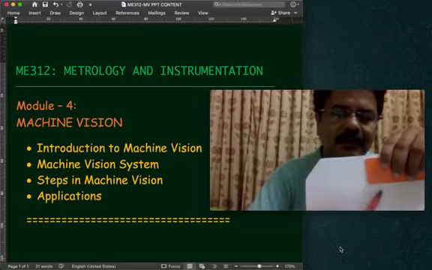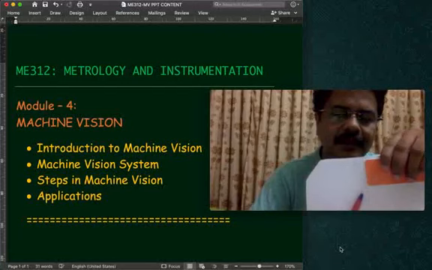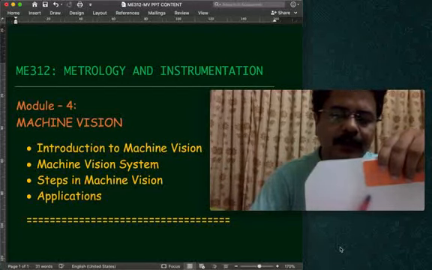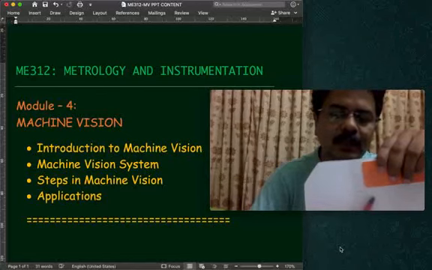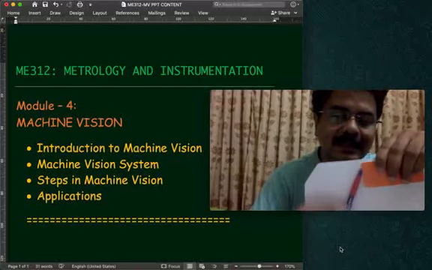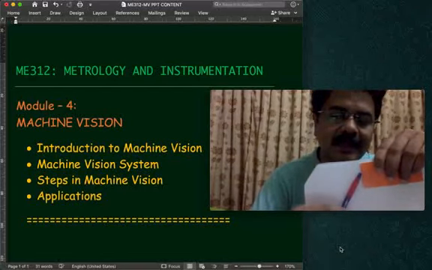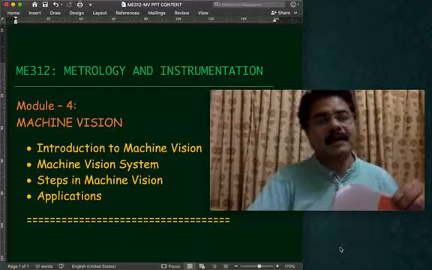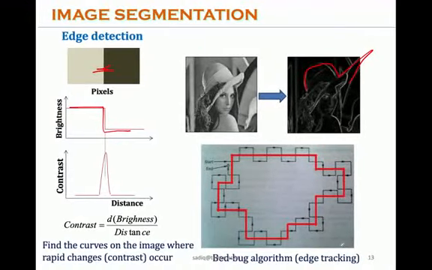Whereas it is difficult for us to identify where one paper ends and there is an edge here, because the change in intensity across these two papers is almost negligible, so we are unable to identify it. That means if we identify a change in intensity, there is an edge. The same technique is used by the system also to identify an edge.